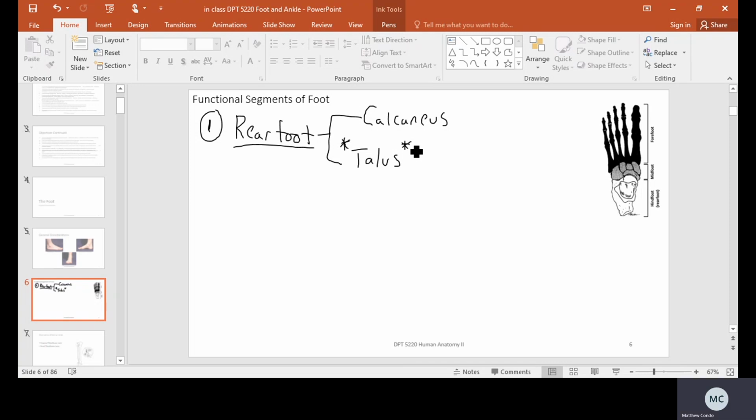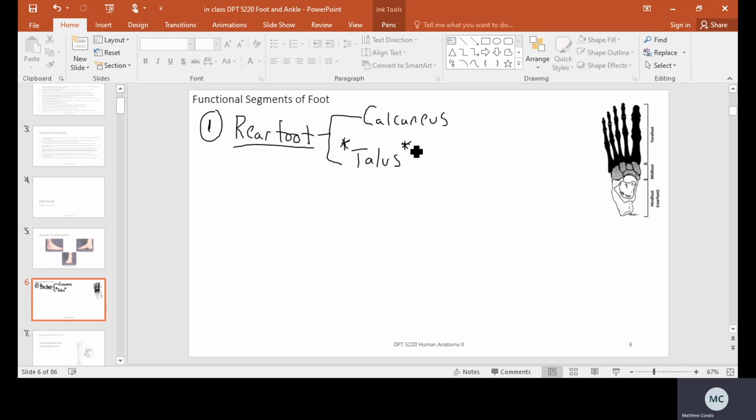However, that talus is going to dictate and it's going to help transition motion that's happening straight down or in line with gravity. Because remember, that foot has to take a 90-degree turn. So the talus is really key for offering that transition from a purely vertical concept to a perpendicular or horizontal concept.